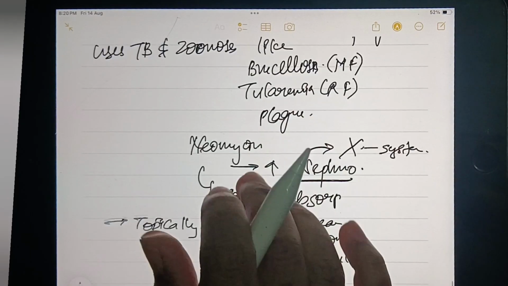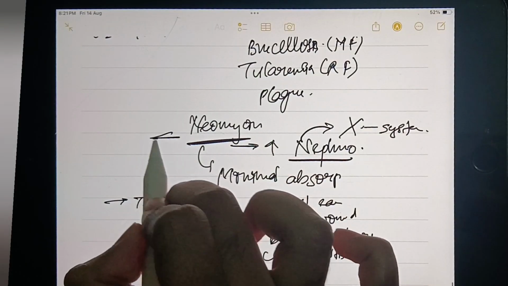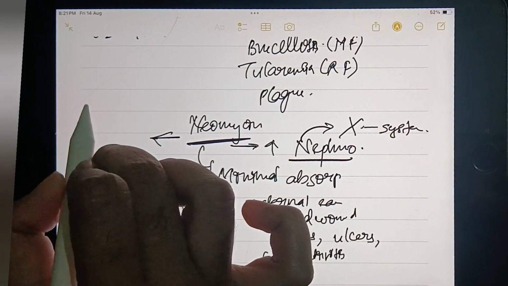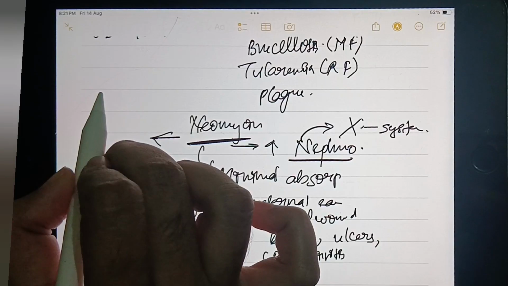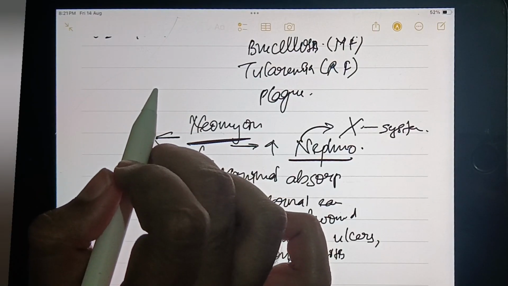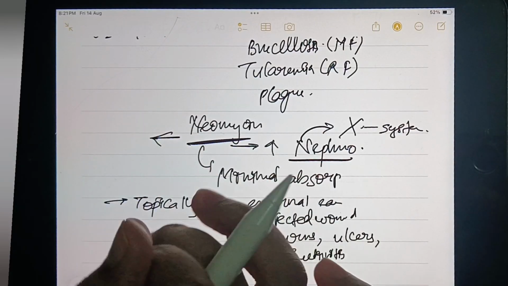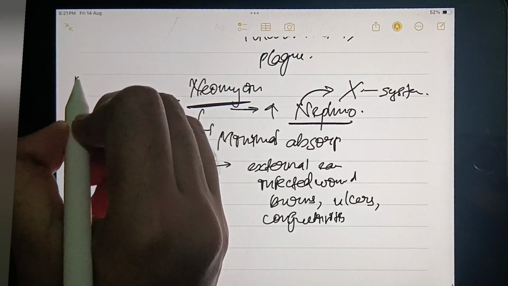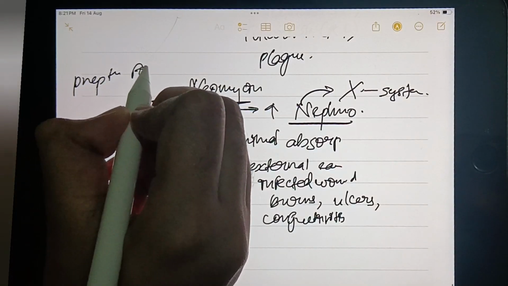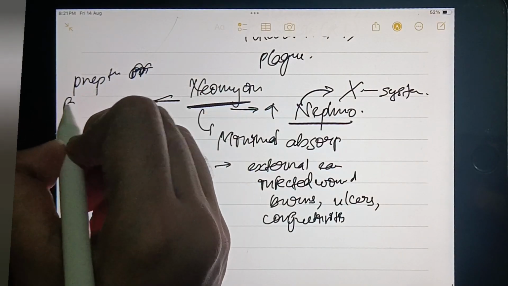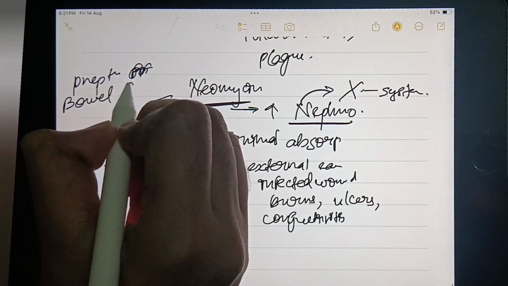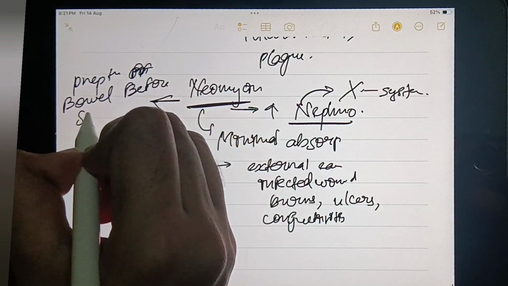And in the classification we wrote that it is used for sterilization of bowel before surgery. So it is also used for preparation of bowel before surgery.